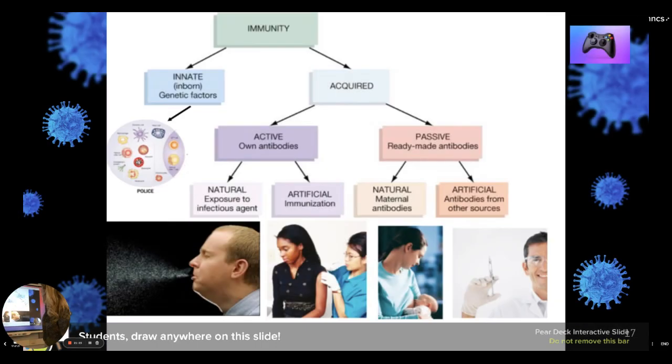Okay, and immunity. It's what you're born with, like the inflammatory response. Then acquired immunity, two different ways. You can get exposed to that illness, and in 10 to 14 days you will have your own memory cells so you can fight that infection, or you can trick your immune system with an immunization.